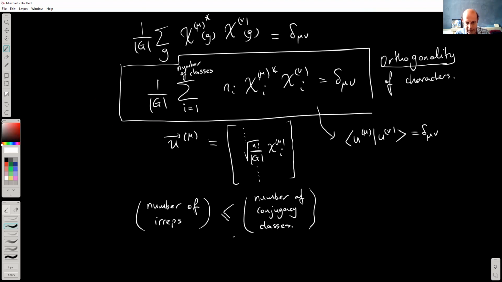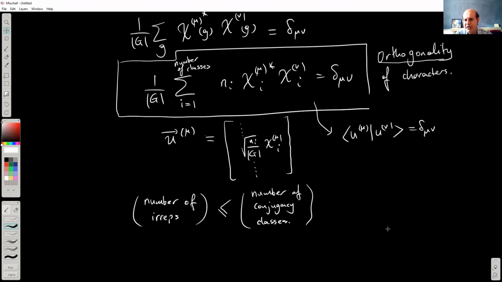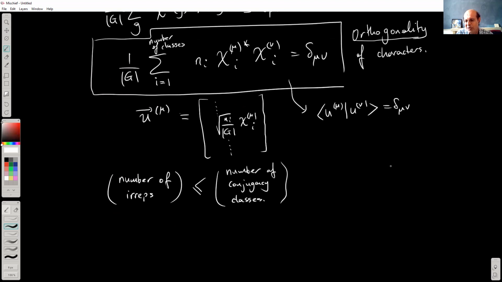So as a result, because of the equality here, we also have the corresponding completeness of the characters relationship, right? So I'm just going to say it like this. This is the completeness. If these are indeed equal to each other, then we can write down the completeness of characters relationship.